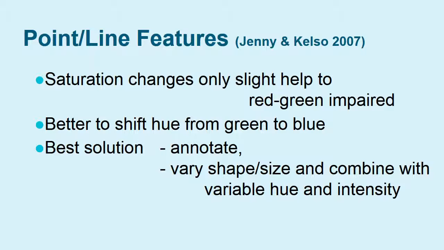By eliminating that green and shifting to the blue, that will avoid a lot of confusion. And again, the best solution is to annotate and use the visual variables in combination with color to make your point. And everybody will be able to distinguish your classes and rankings much better.